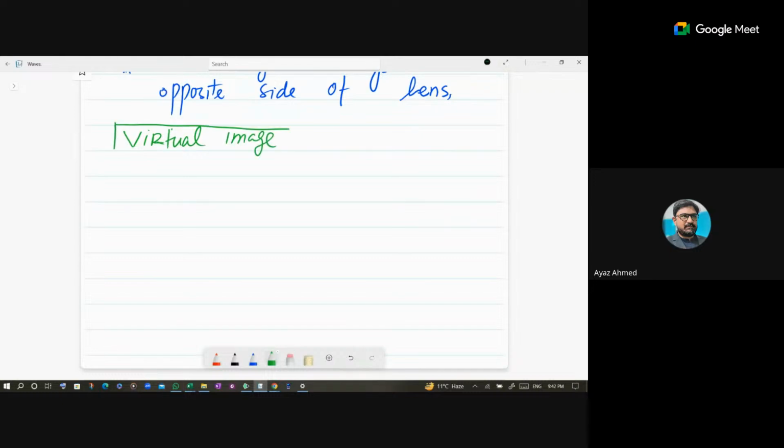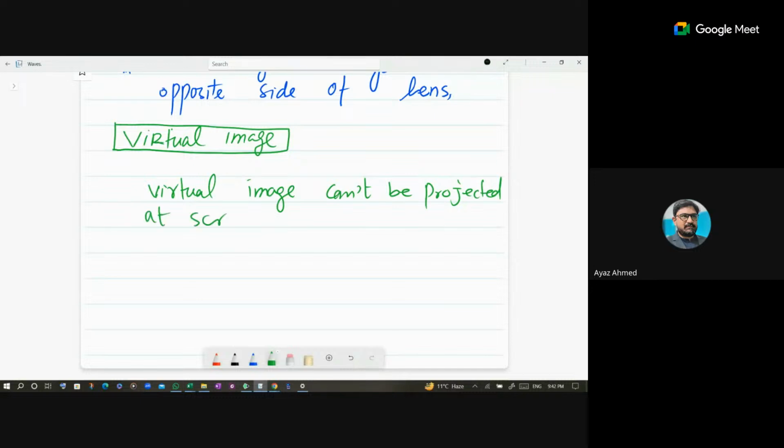A virtual image cannot be projected on the screen. This is the first property, or first identification mark, of it.